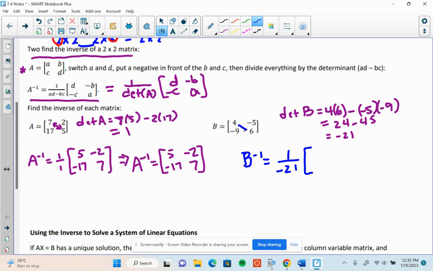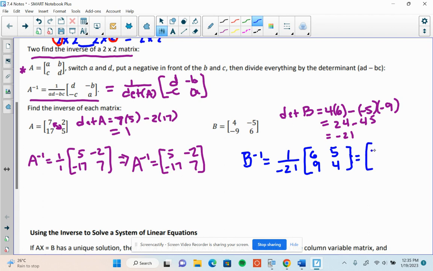6 and the 4. These guys switch. 6 and 4 switch. Change the sign on these guys. So that becomes a 5 and a 9. Okay. And then we're going to distribute or multiply that scalar through because the negative 1 over 21 is a scalar.